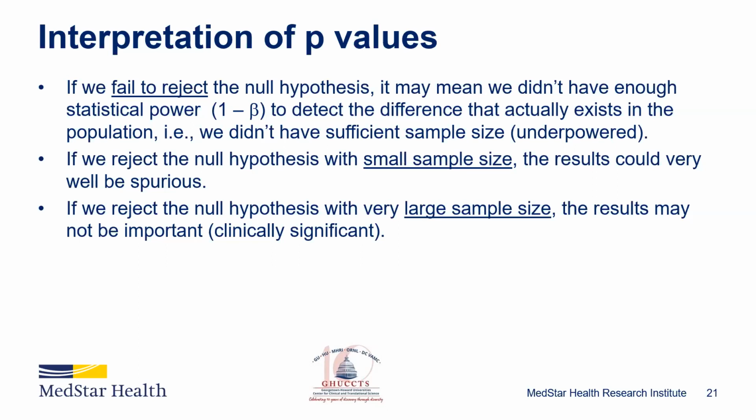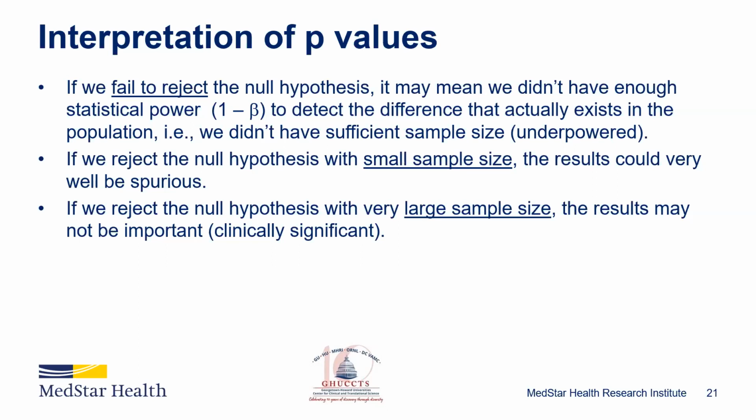Say you have a sample size of 10 in each group, or a total of 20, and you find statistically significant results. Well, if you got more observations and increased your sample size, it's possible that you could not find statistical significance. So beware of p-values when the sample size is small.